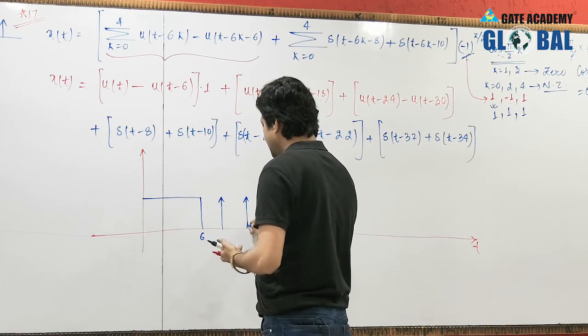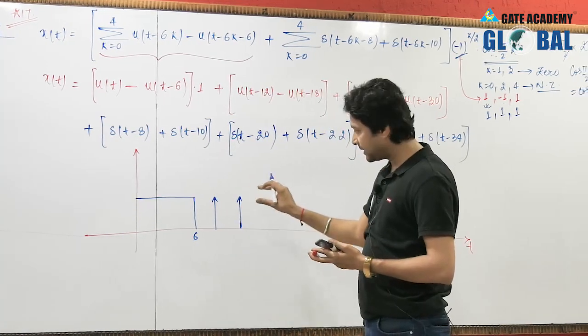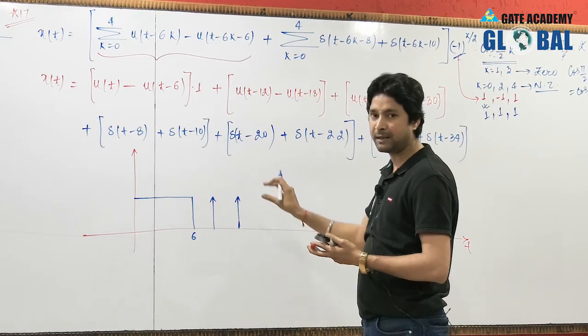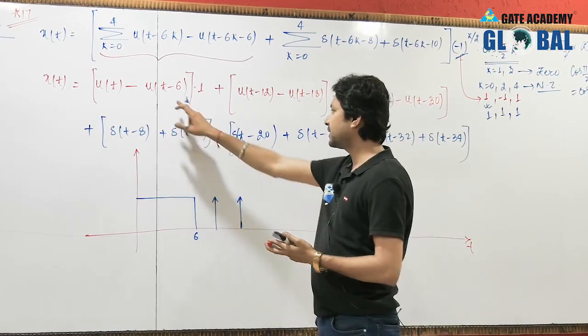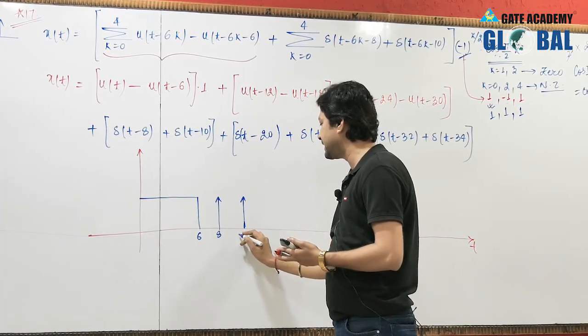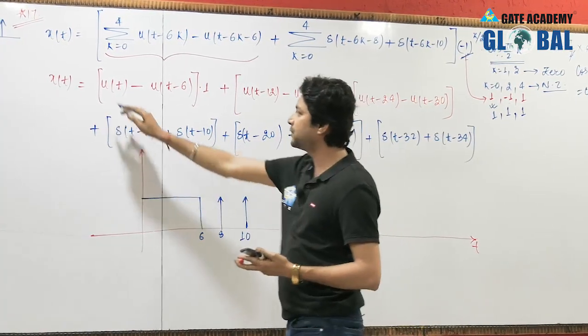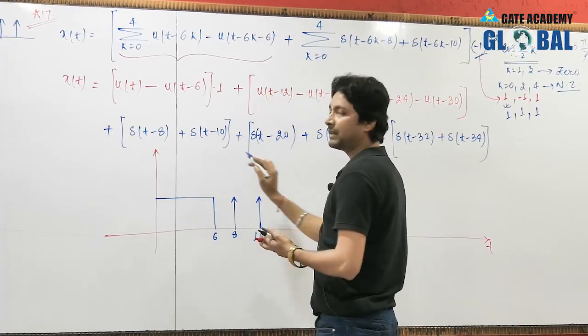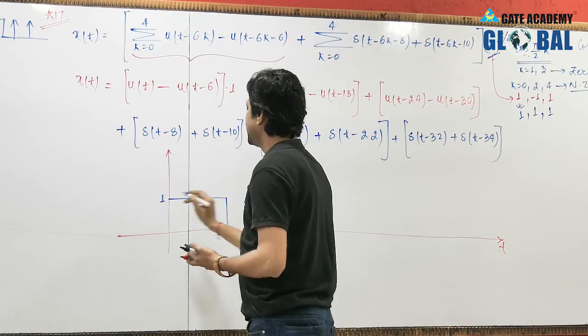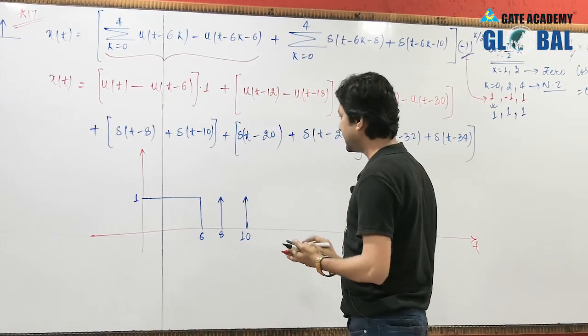In this question there is no need to plot this particular signal, but I am plotting it because I started with the signal. All the impulses at t equals 8 and 10 have value plus 1. You can say the area of the impulses is plus 1.